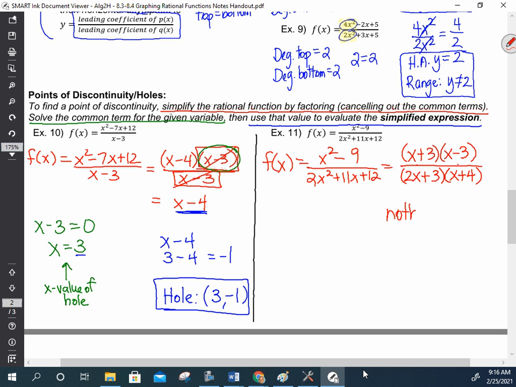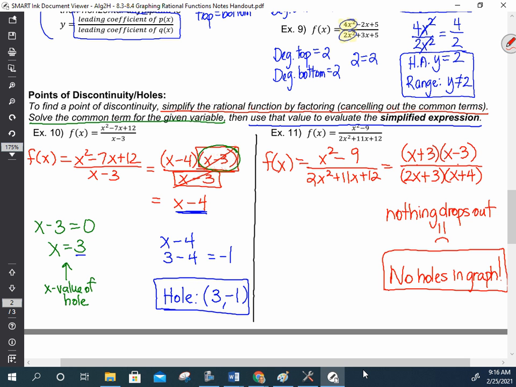Nothing drops out. So, since nothing dropped out, there are no holes in the graph.